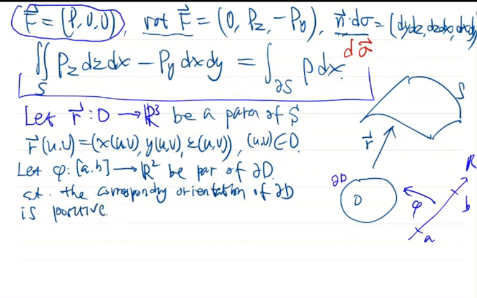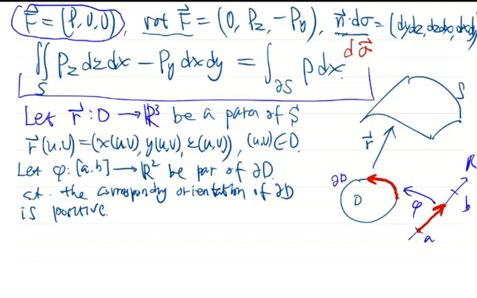This means when T increases from A to B, the image of T under this parametrization phi walks around the boundary of D positively. That is, D always lies on the left side of the point. Okay.